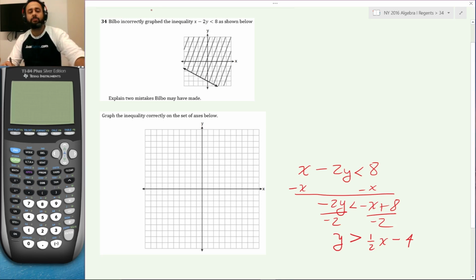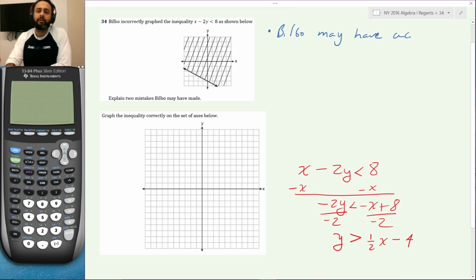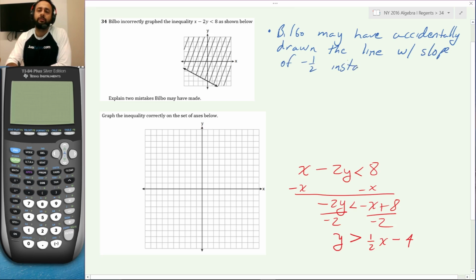So one possible mistake that you can describe is that Bilbo may have accidentally drawn the line with a slope of negative 1/2 instead of positive 1/2.